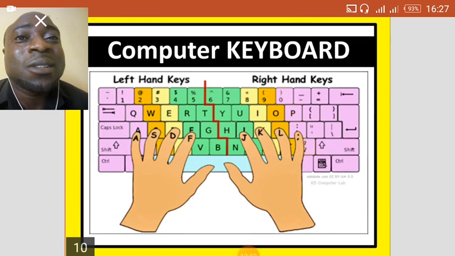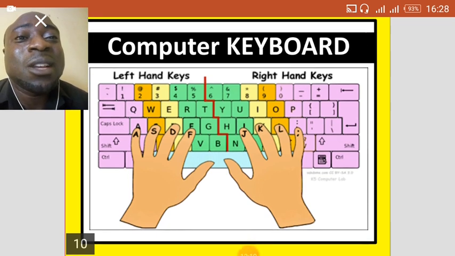Let's practice something here. If you have a keyboard, place your fingers on ASDF first and move the four fingers up to QWER. You see, it's the same thing. And if you move them downward too, you'll be able to type faster.